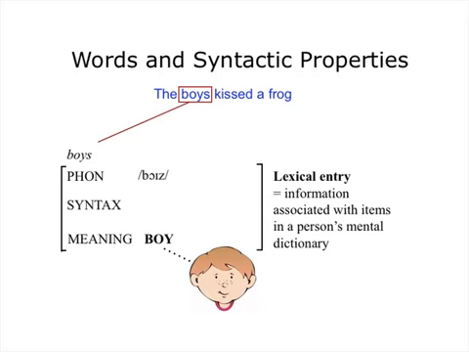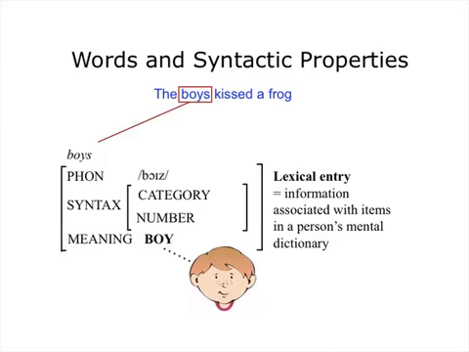And then there's the syntax part of it. So what is it that's relevant about this word in terms of where it can go in a sentence and all of that. So the syntax component would typically have within it an embedded matrix where there would be attributes, each of which would have a different value. So there would be things like number and person, and depending on the language you're looking at, there could be the case that it's in, whether it's nominative, accusative, that kind of thing.